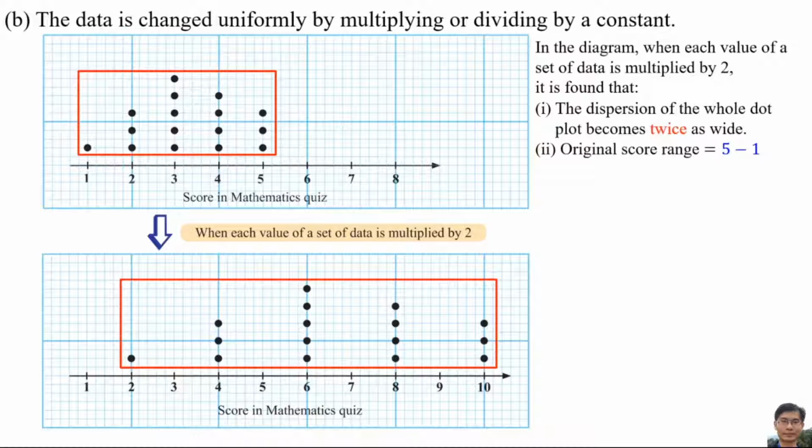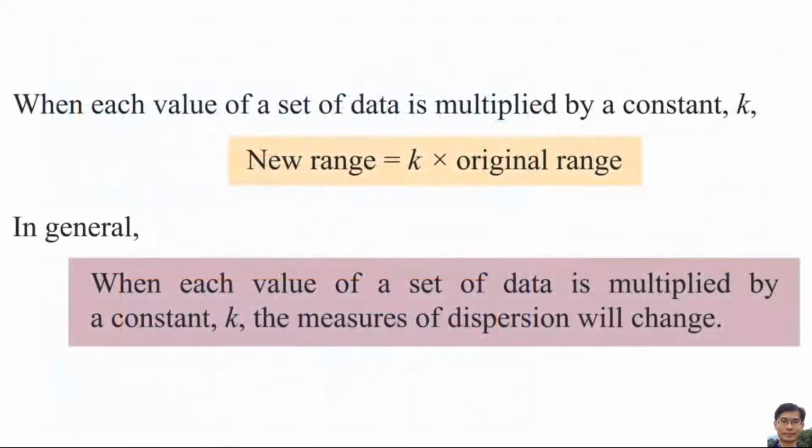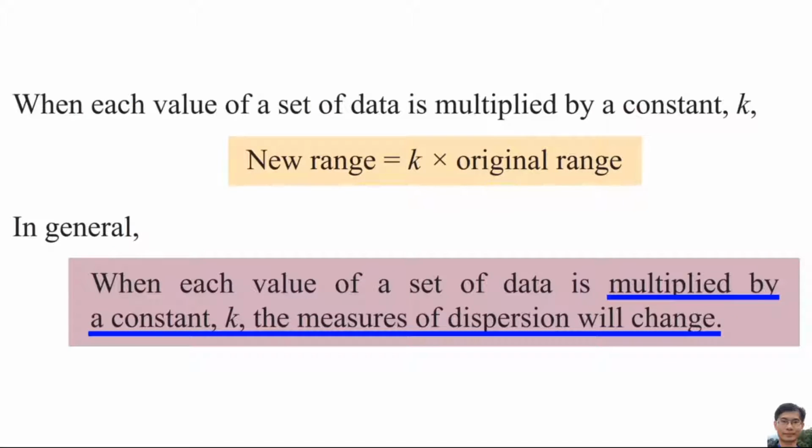The original score range equals 5 minus 1 equals 4, and the new score range equals 10 minus 2 equals 8. The range of the new set of data is 2 times the range of the original set of data. When each value of a set of data is multiplied by a constant k, the new range equals k multiplied by the original range. In general, when each value of a set of data is multiplied by a constant k, the measures of dispersion will change.